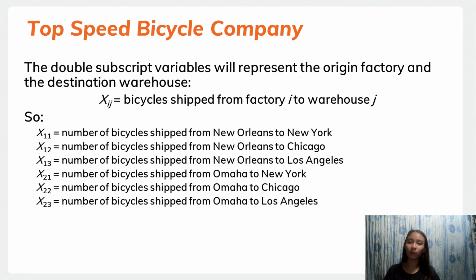The double subscript variables will represent the origin factory and the destination warehouse, and it is x sub i j, where bicycles ship from factory i to warehouse j, where i is 1 and 2, where 1 is New Orleans and 2 is Omaha, and j is 1, 2, and 3, where 1 is New York, 2 is Chicago, and 3 is Los Angeles. The variables are shown below.